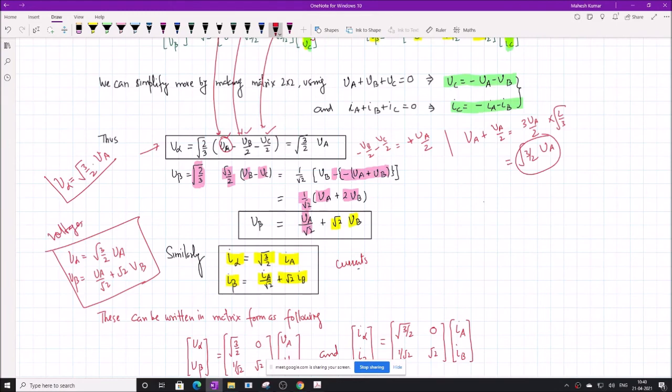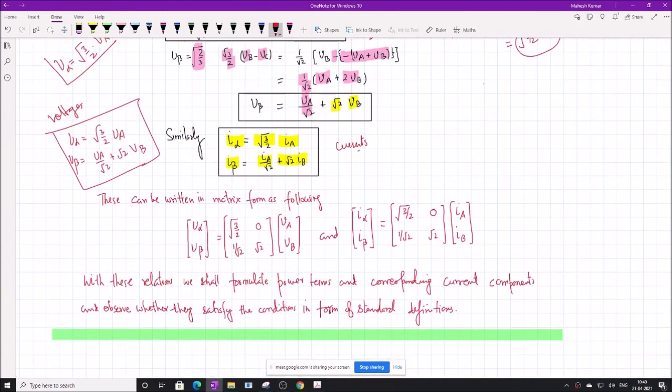So we have expressed now alpha beta in terms of A and B. It's like two phases to two phase conversion. Okay, and therefore this can be written in the matrix form. As you can see, B alpha and B beta equal to root 3 by 2, 0, 1 by root 2, root 2, this is BA, this is BB, C is redundant, and I alpha and I beta in terms of the IA and IB is root 3 by 2, 0, 1 by root 2 and root 2.